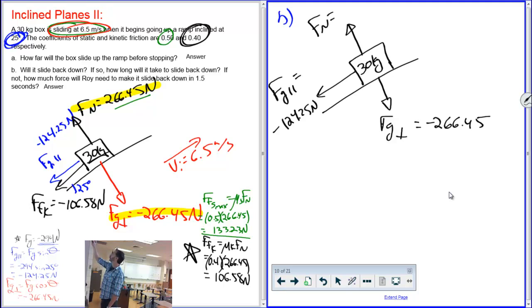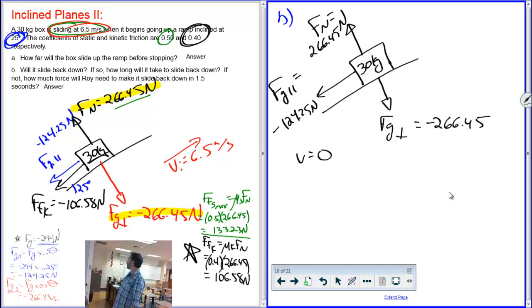We're going to have a normal force of positive 266.45. Once it stops, gravity's pulling it down the ramp. Does it go back down the ramp? I don't know. It stopped here, and gravity's trying to pull it down.